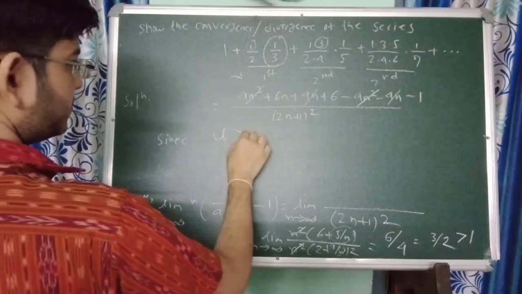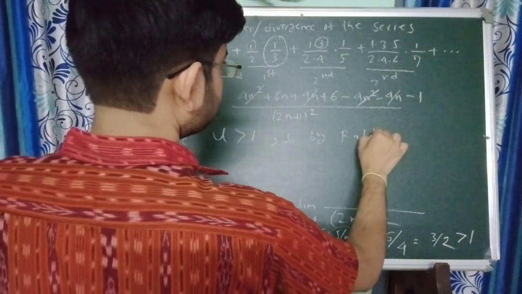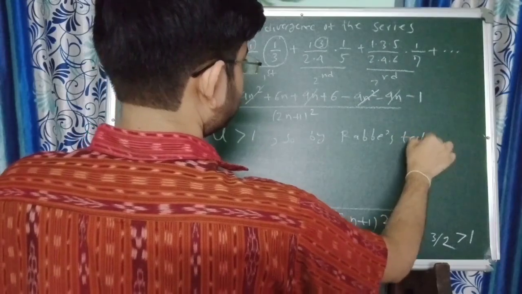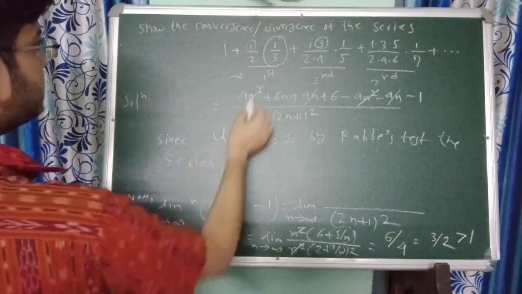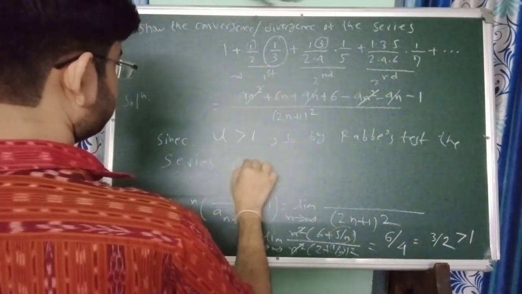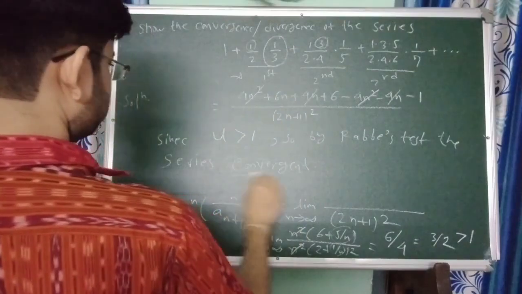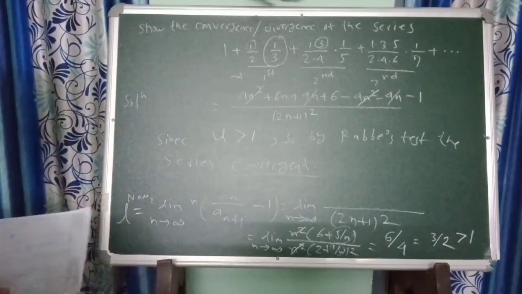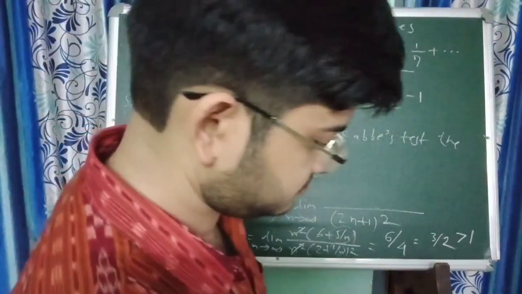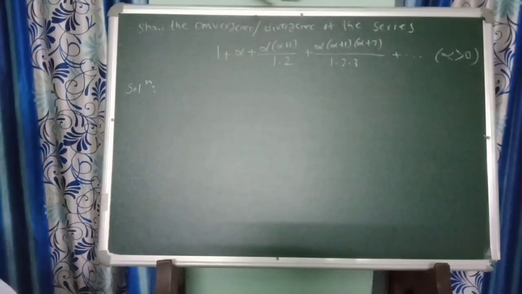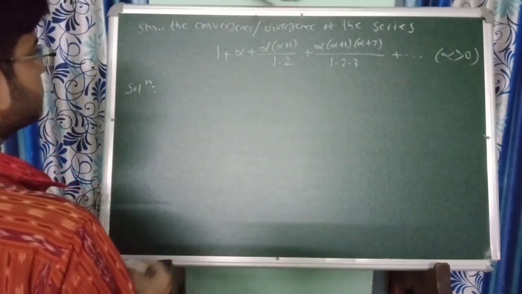Since L is greater than 1, by Raabe's test this series is convergent. So the original series is convergent, which is one application of Raabe test. Now we discuss this example.